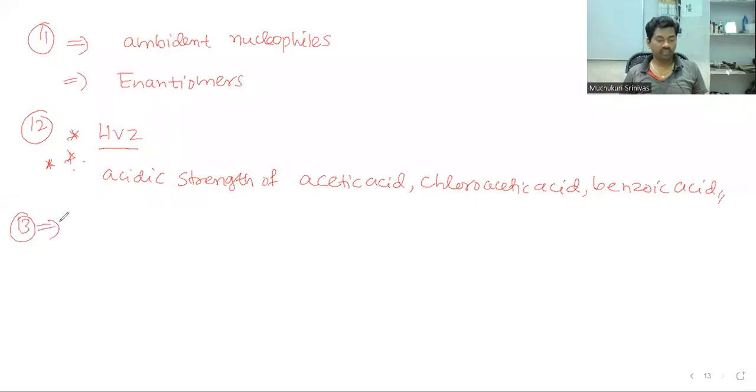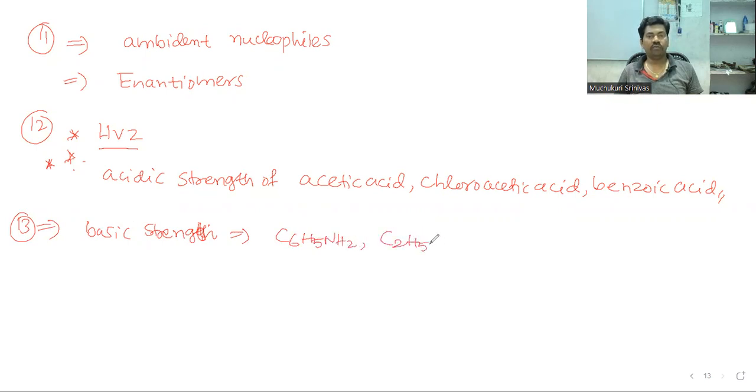Then from the 13th chapter, you read: arrange the following in decreasing order of their basic strength. C6H5NH2, C2H5NH2, (C2H5)2NH, and the least one, NH3.